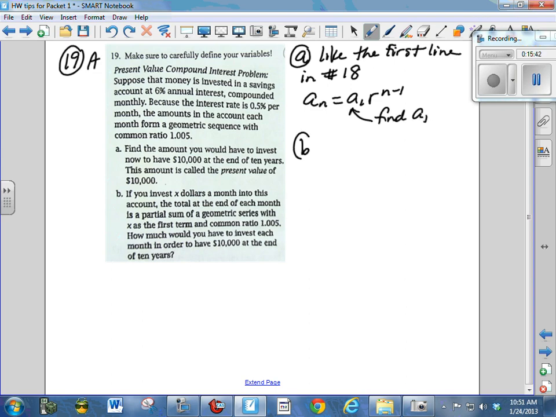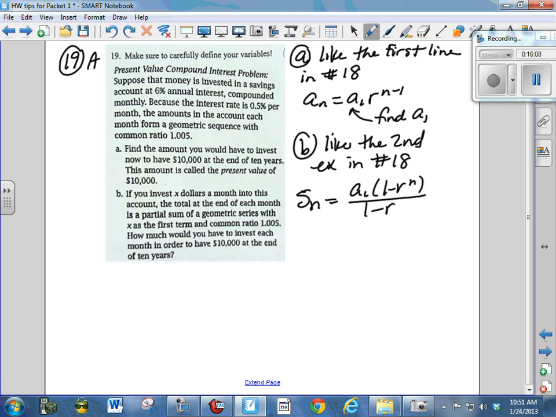In part B, though, you're saying you're investing X dollars a month into this account, the total at the end of each month. This is like the second example in number 18. And this is where you're saying S sub n is equal to a sub 1 times 1 minus r to the n over 1 minus r. And you know that this is 10,000.